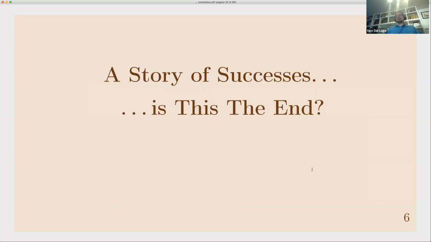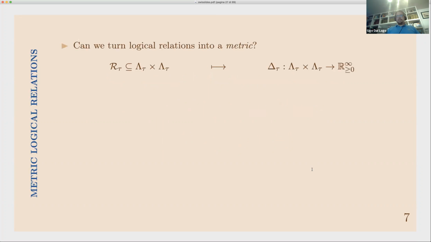And the question I have is whether this is the end of the story, whether there is still something to be discovered, and the answer is definitely no. And before giving you some examples backing my answer, I first want to tell you that some of these notions of program equivalence are well known to be generalizable into notions of metrics.